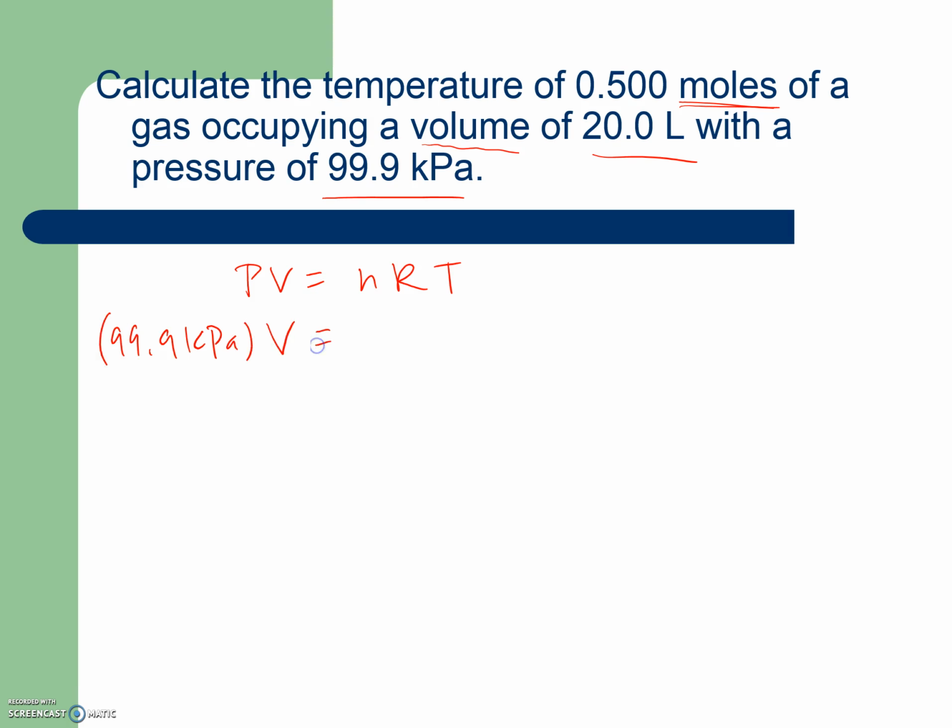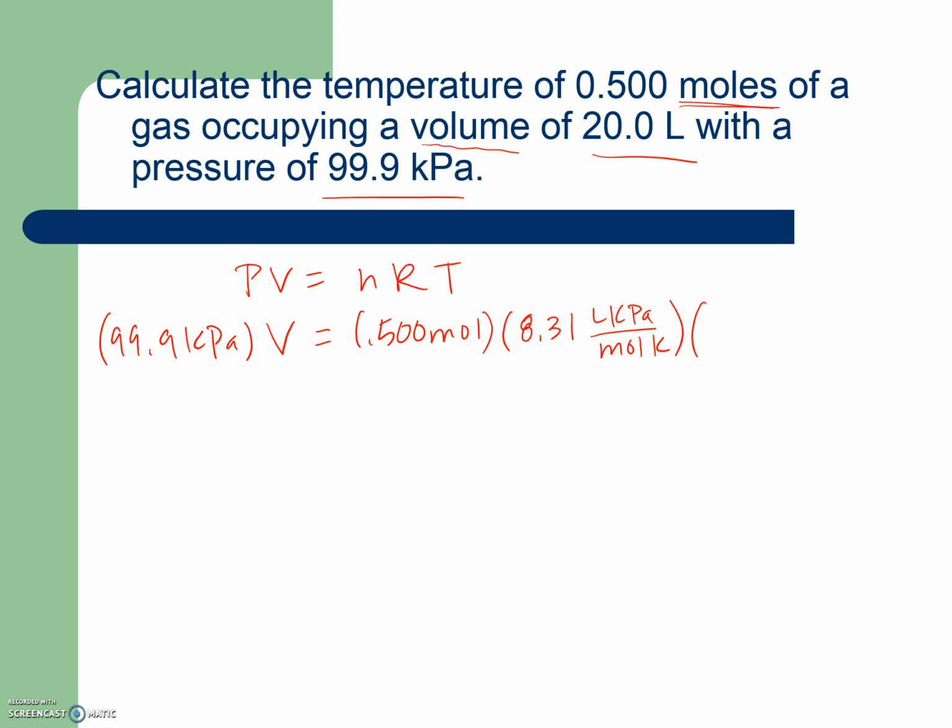Volume is what I'm looking for. Moles in this case is 0.5. R, I need to match R to my kPa there. So I have kilopascals, and so that constant was 8.31 liters kPa over moles Kelvin.